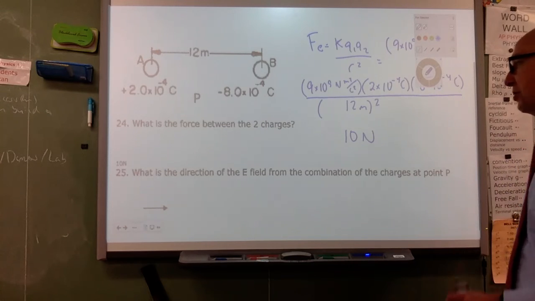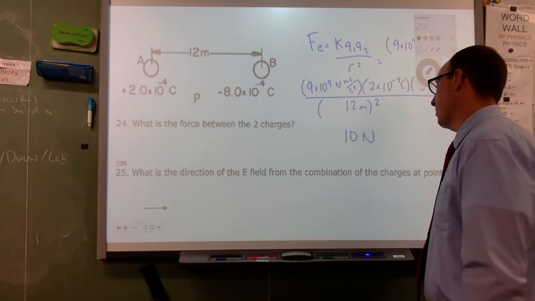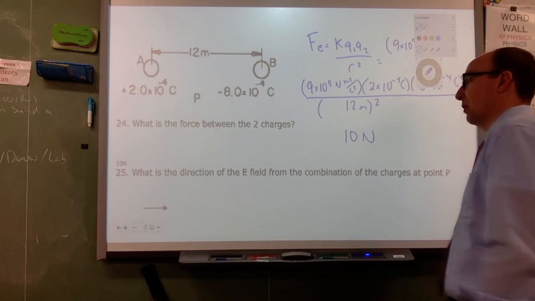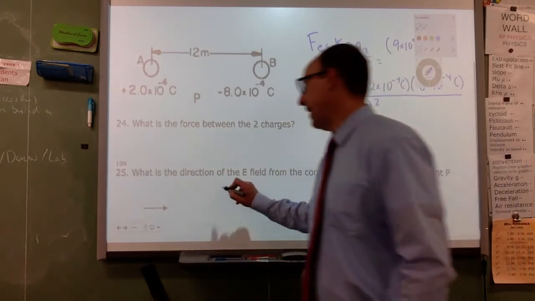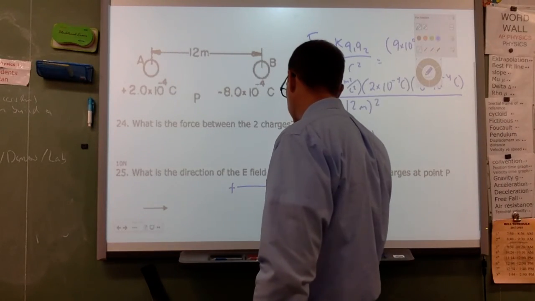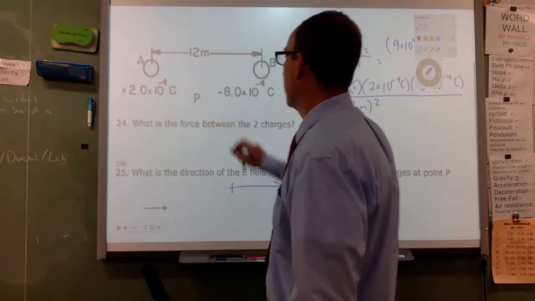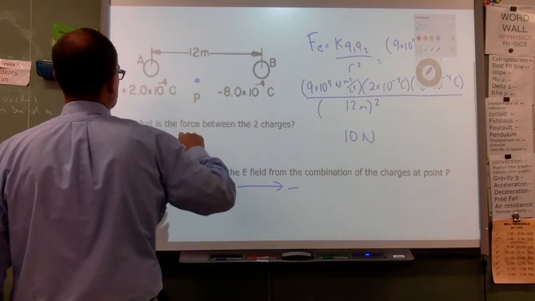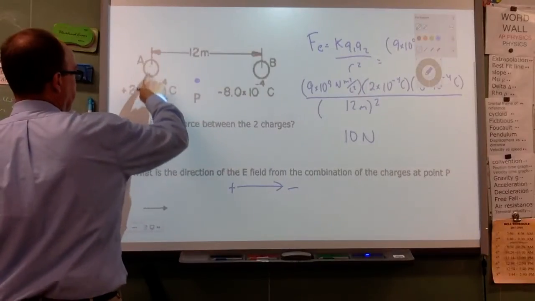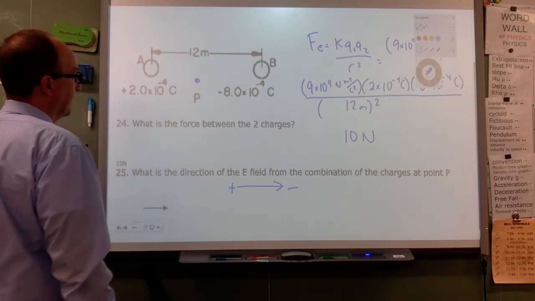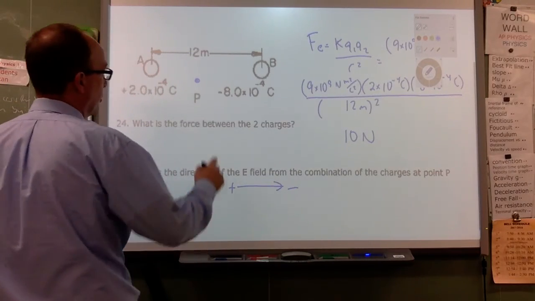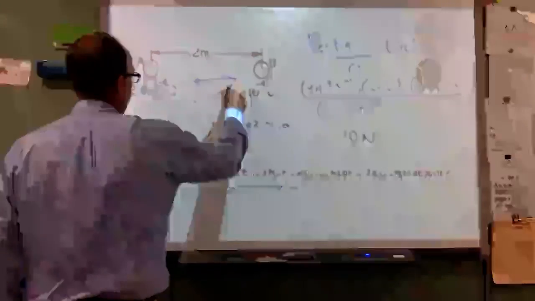What is the direction of the electric field from the combination of the charges? Electric fields go from positive to negative. So if I'm at P here, the electric field from A is going to be going that way.